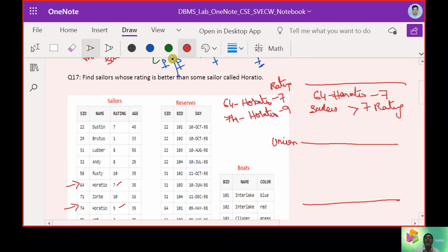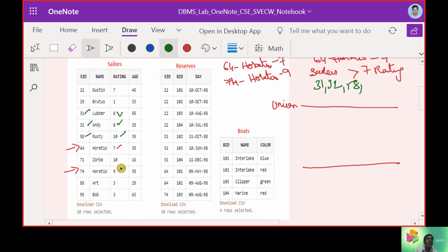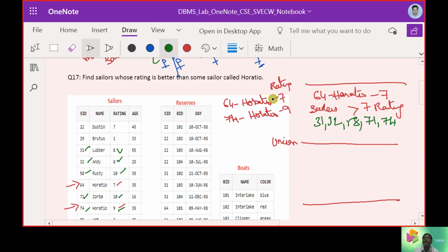Those greater than 7: one with rating 8, that is 31, 32; Rusty, that is 58; then Zorba, that is 71; and another Horatio, that is 74, because of his rating.